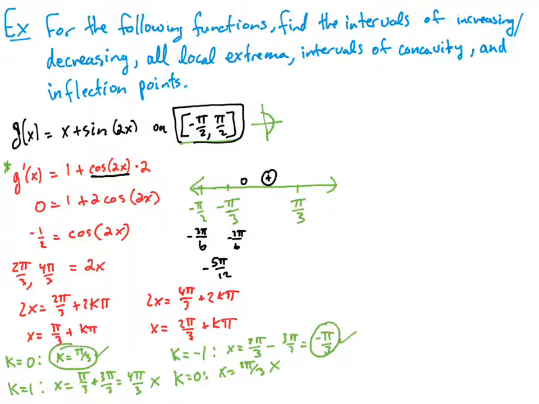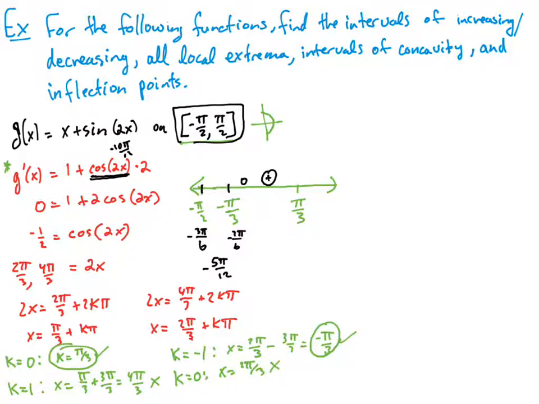That'll be between these two endpoints of that interval. So plugging that into the first derivative, cosine of 2x, so 2 times negative 5 pi over 12 is going to be negative 10 pi over 12, which is the same as negative 5 pi over 6.